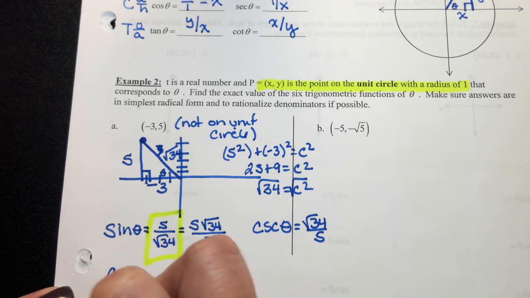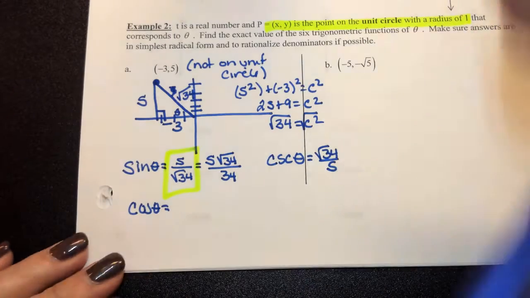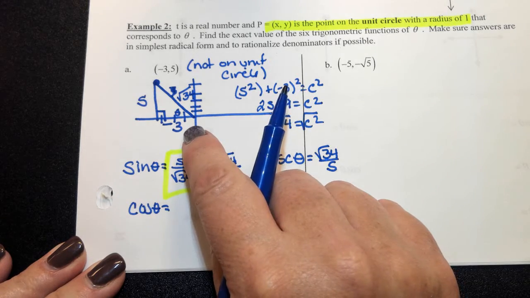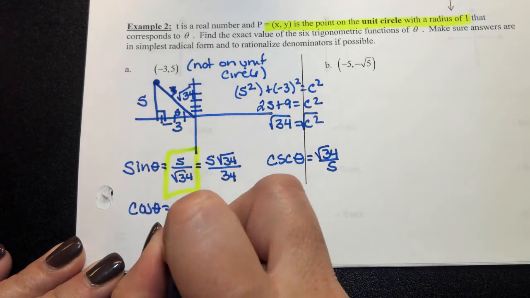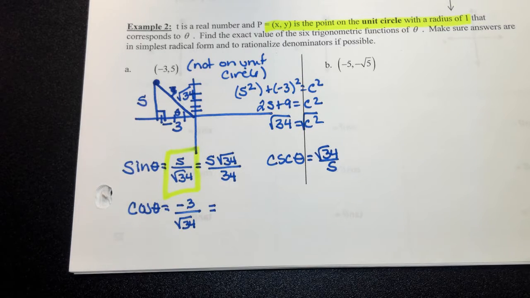Cosine. Cosine is the adjacent over hypotenuse. So what's the adjacent side of this triangle? -3 over square root 34. Be careful of the negatives, guys. That's why I'm emphasizing label your sides with the negatives. That way you don't forget to put them in place when you do your SOHCAHTOA.